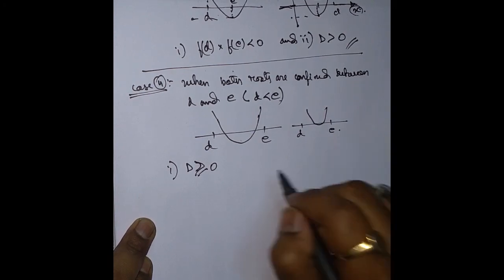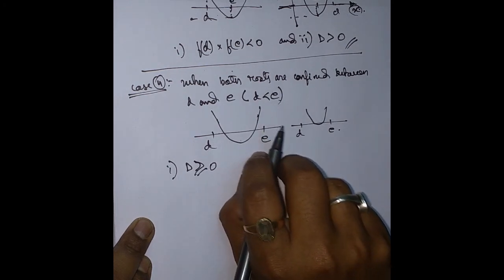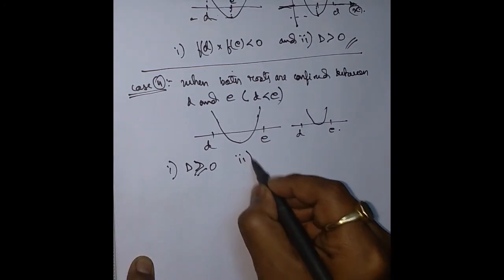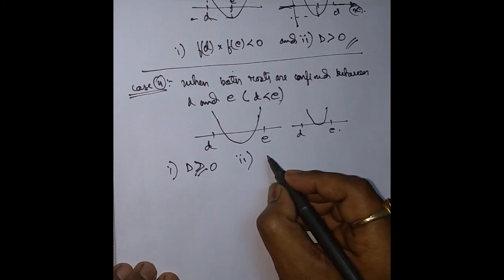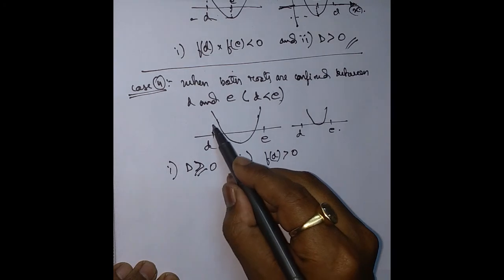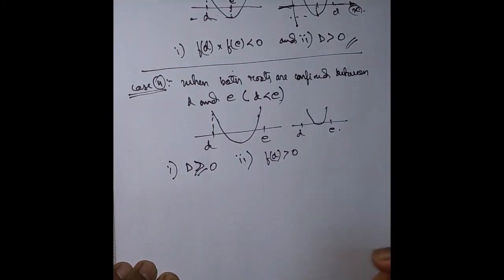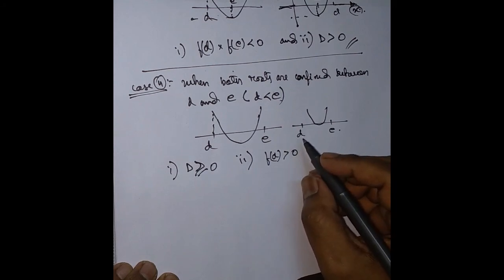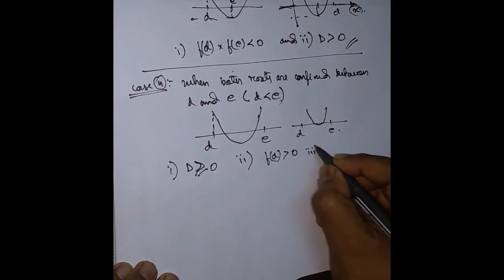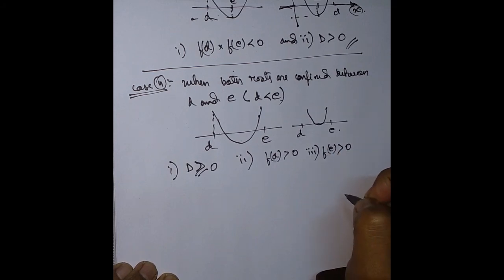Then number 2 condition is f(d) is greater than 0. Number 3, f(e) is greater than 0.